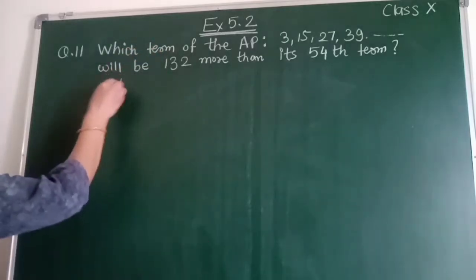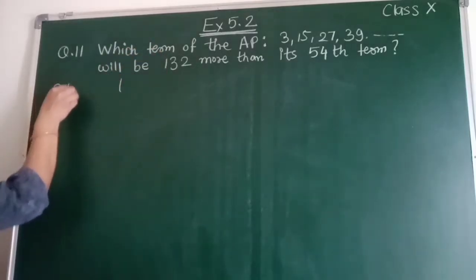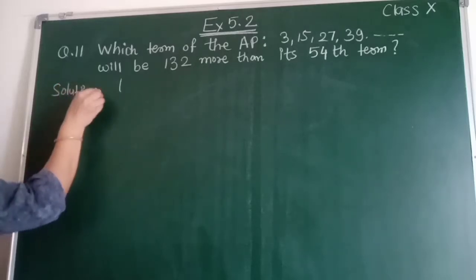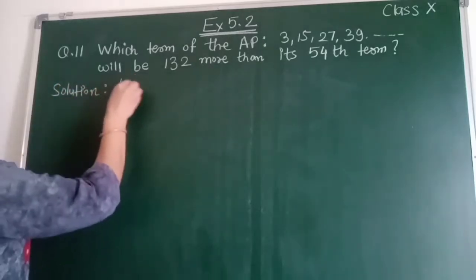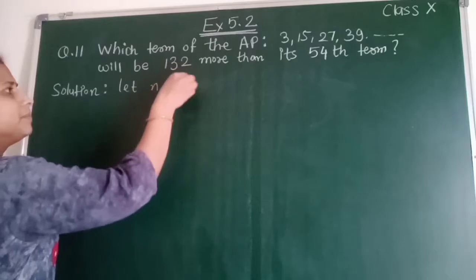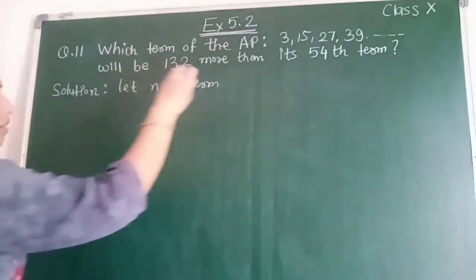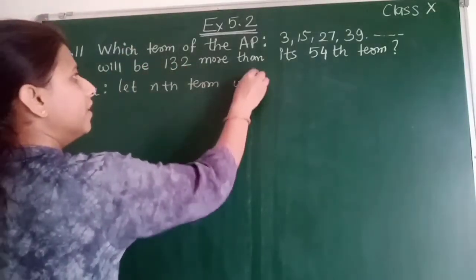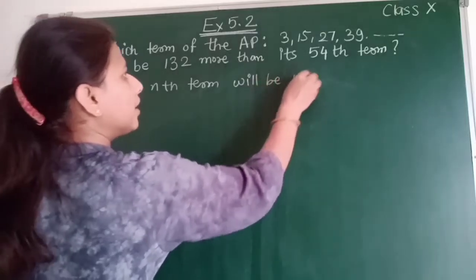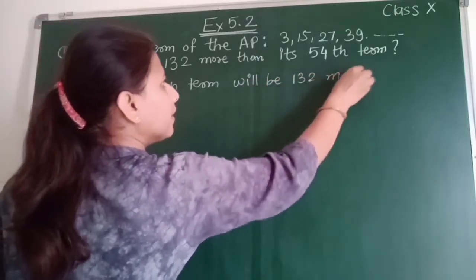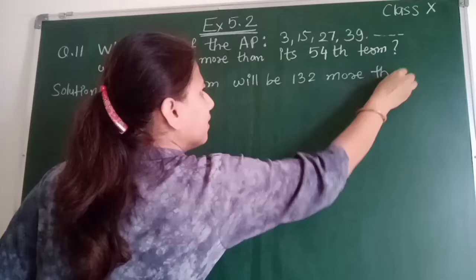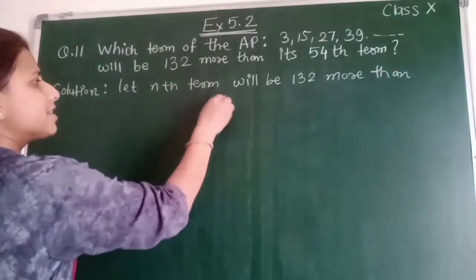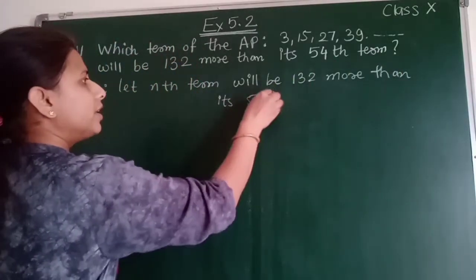So let's start the solution. First we will suppose the nth term will be 132 more than its 54th term.